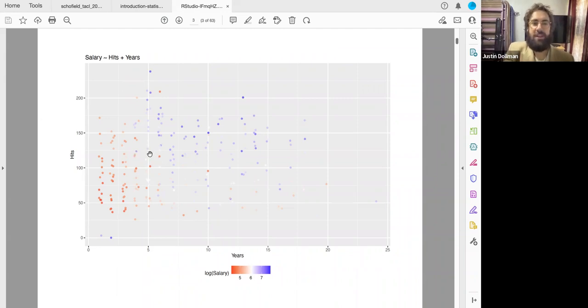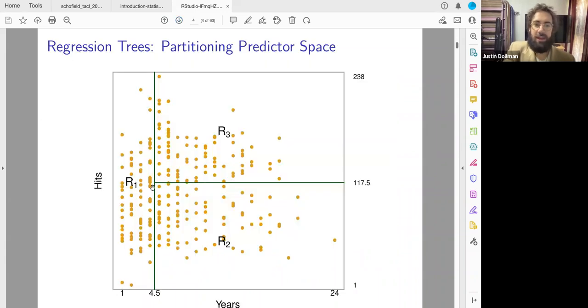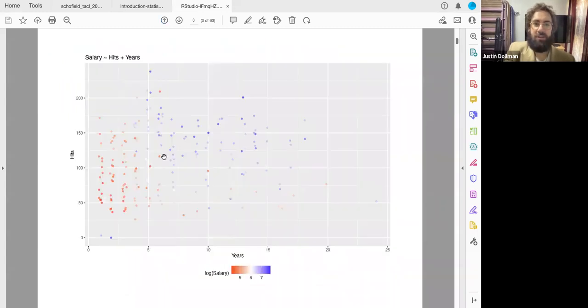Among the people with years greater than 4.5, it will divide that again at a certain point in hits, specifically 117.5 hits, to create two more regions. If you look at the data, that does correspond to darker blue dots, and then there are also some red dots down here. So that's what the model's doing.